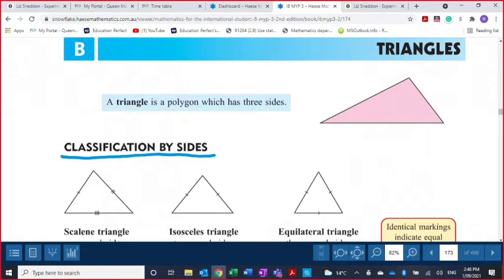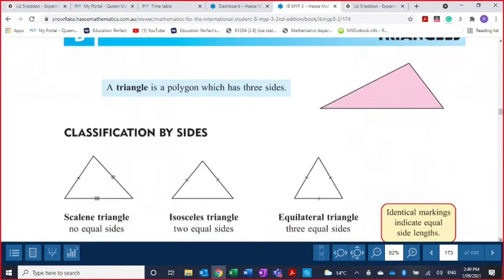Now, ironically, a triangle has 3 sides, and there are 3 different classifications by sides. You're going to see the same thing is true when classifying by angles. So here are the 3 classifications. The first one is called scalene, or a scalene triangle.